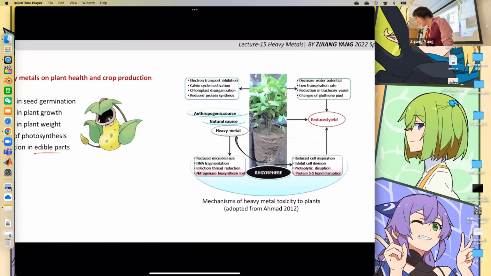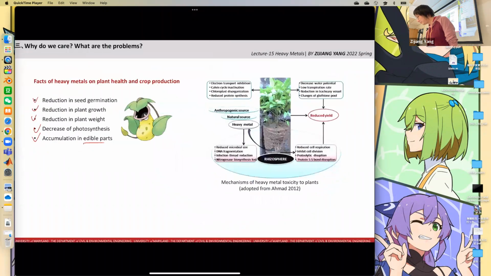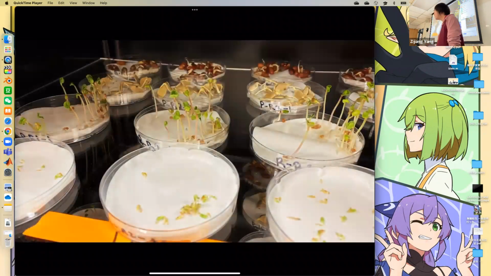Again, on the right side are some of the adverse effects or mechanisms of heavy metals on plants. I'm not going to read this, but if you are interested, you may take a look.